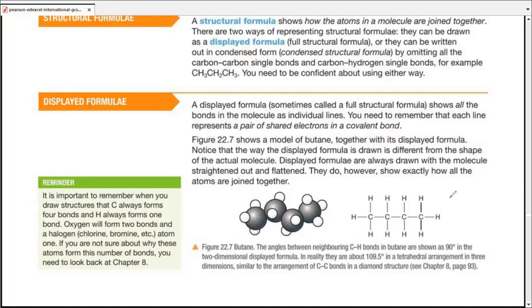You would notice that we have drawn all the atoms of this compound, C4H10, as well as all the bonds. At every single step, you'd be able to notice what kind of bond there is between all the carbon atoms and all the hydrogen atoms. You would be able to see every single bond there is, right?